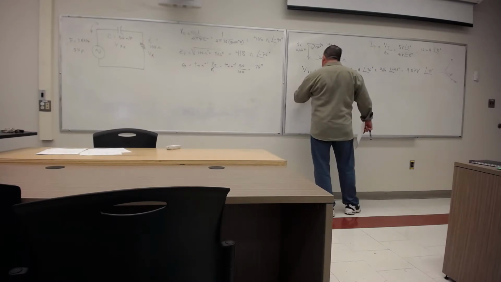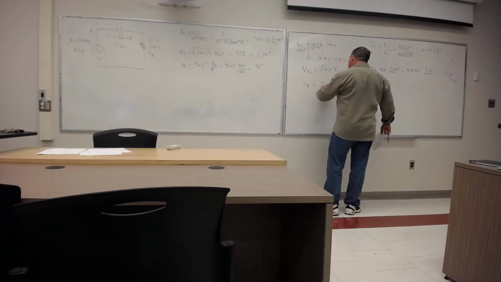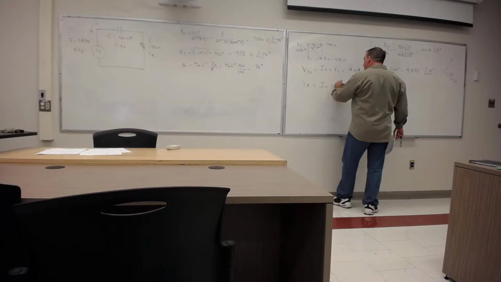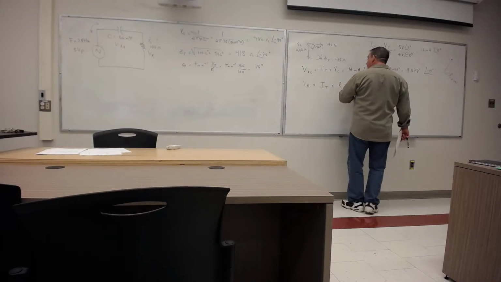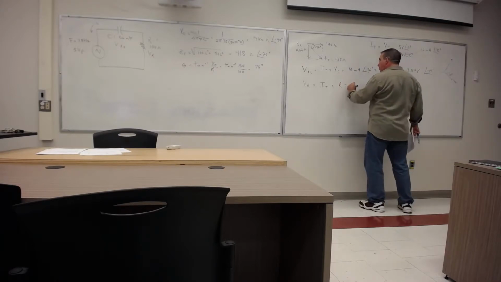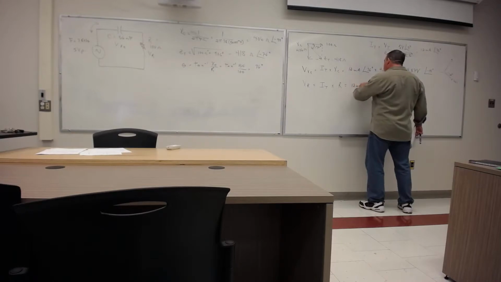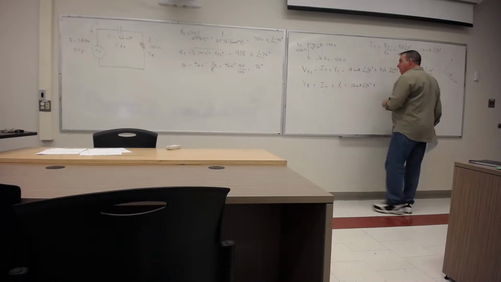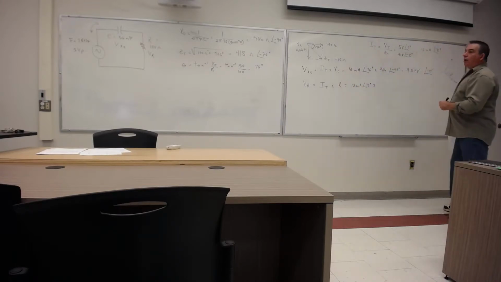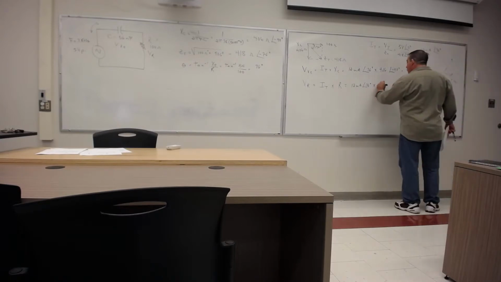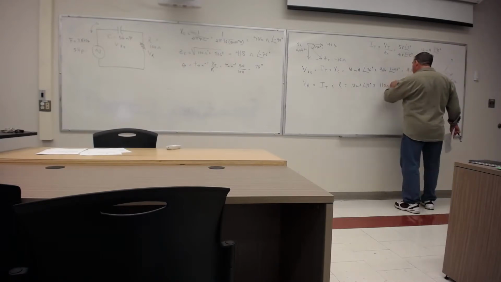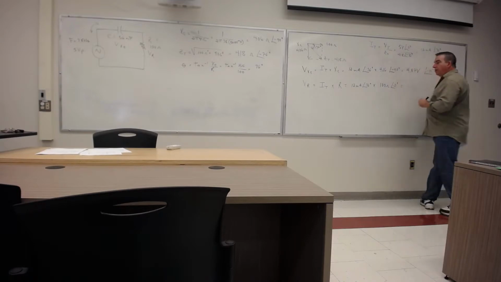So I'm going to go VR, and I'm going to go IT times R. So let's see here. I consider this like 12 milliamps at 76 degrees times R, which is 100 ohms at 0 degrees.